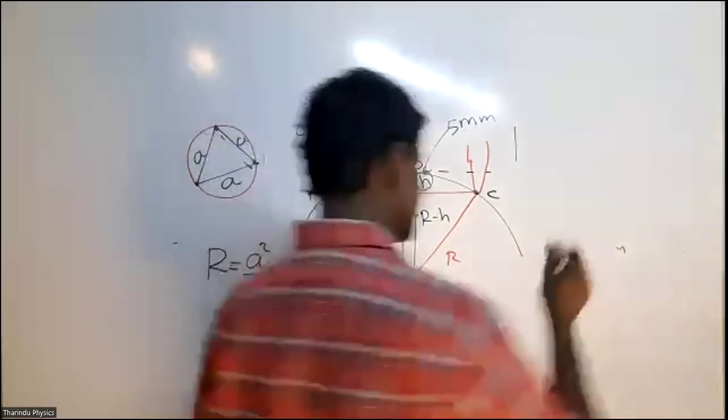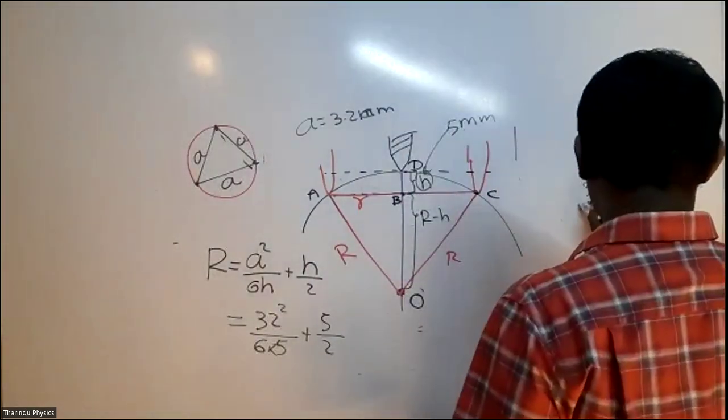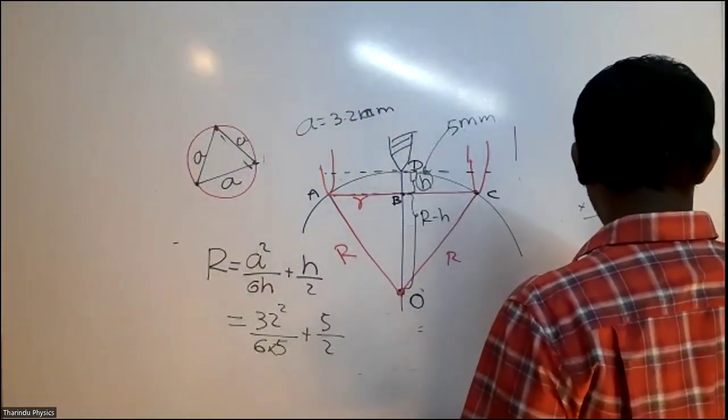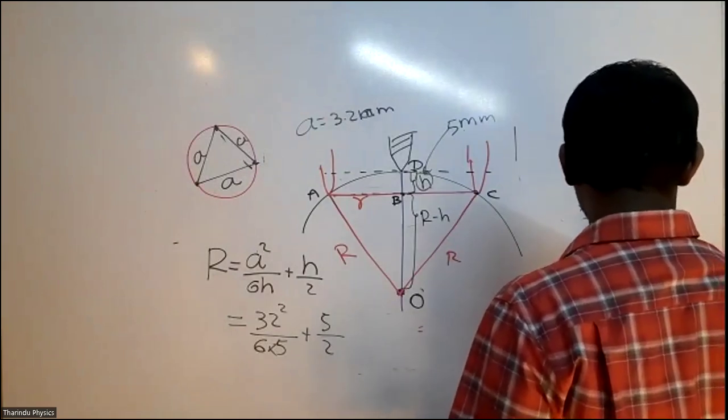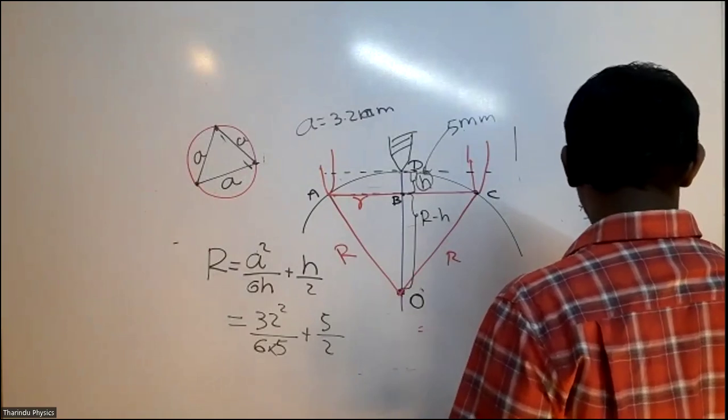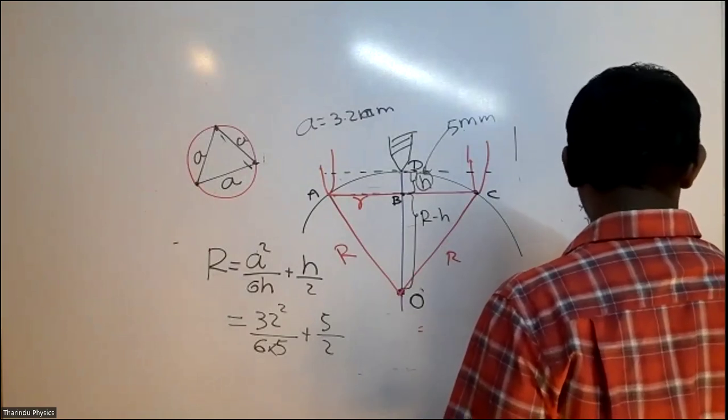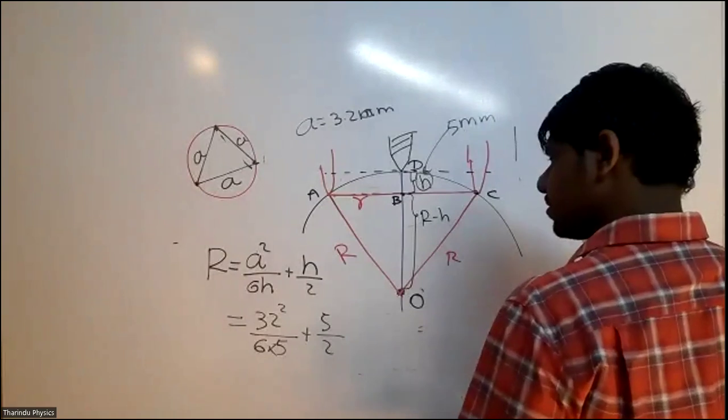32 squared is nearly 32 by 32. So 4, 6, 6, 9.